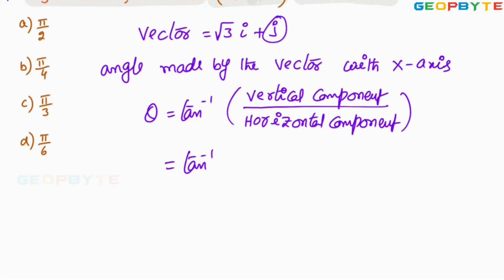What is the vertical component? 1 divided by horizontal component, the x component, is root 3. You simplify this value for getting pi by 6. So this is the answer for this particular problem. Look at the option D. Option D is absolutely correct. I hope you clearly got my point.